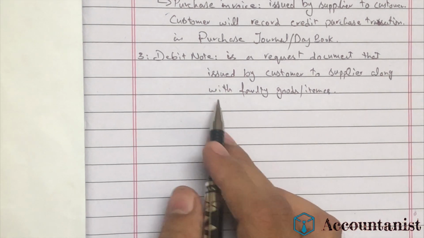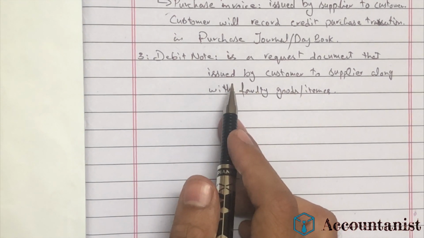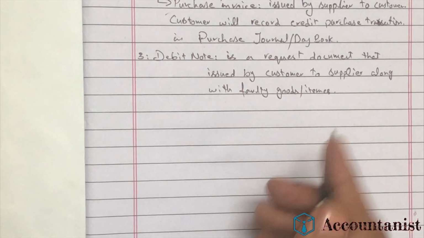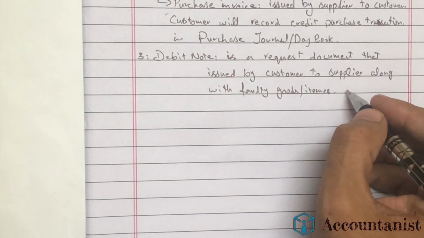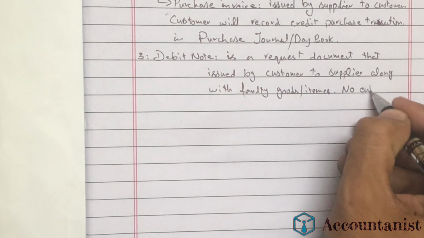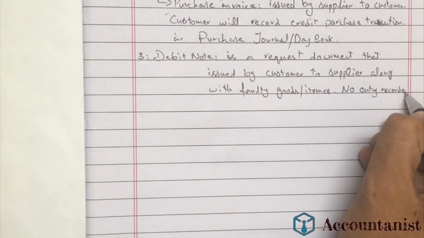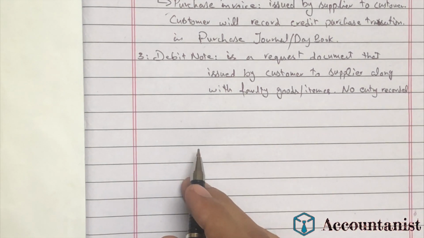So it's just a request document, so that's why we don't know whether it's going to be accepted or rejected. So in accounting, we do not record any entries, so no entry will be recorded with this transaction.